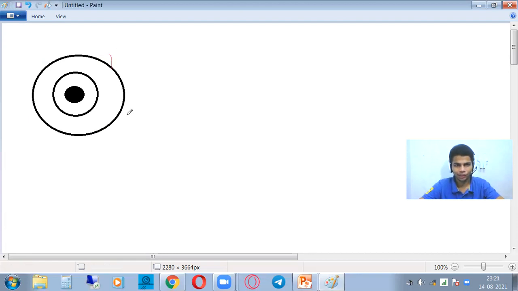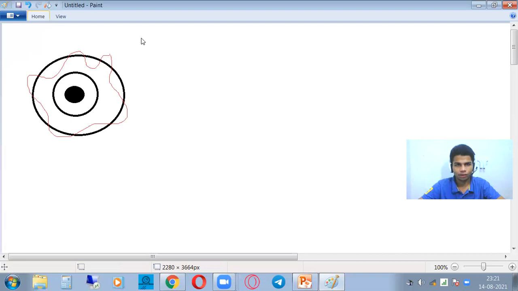It's very hard to identify at which time what the position of the electron will be. To describe that, we understand that an orbital is the portion where an electron can be found.